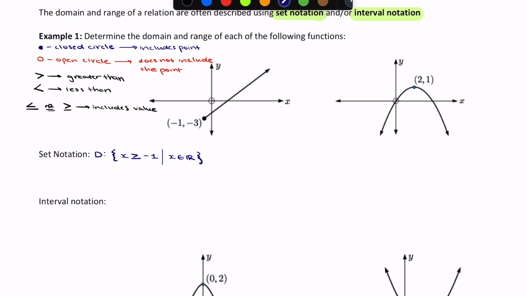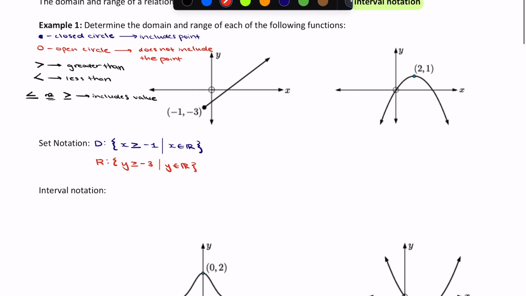And so it can be any real number from -1 to positive infinity. We look at our range here, so we indicate that by an R. And let's see what our y values are. Our y values here have to be greater than or equal to -3. But after that restriction, y is an element of real numbers.